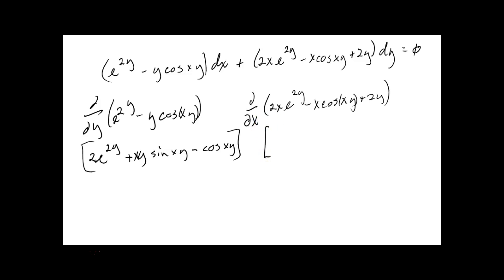That one would be 2. Wait, you gotta do product rule, right? Is this a product of two functions of x? No, there's only one function of x in there. So the function of y is treated like a constant.